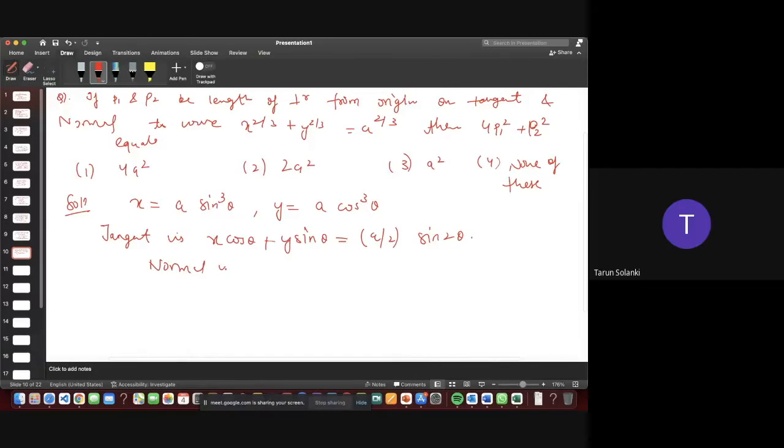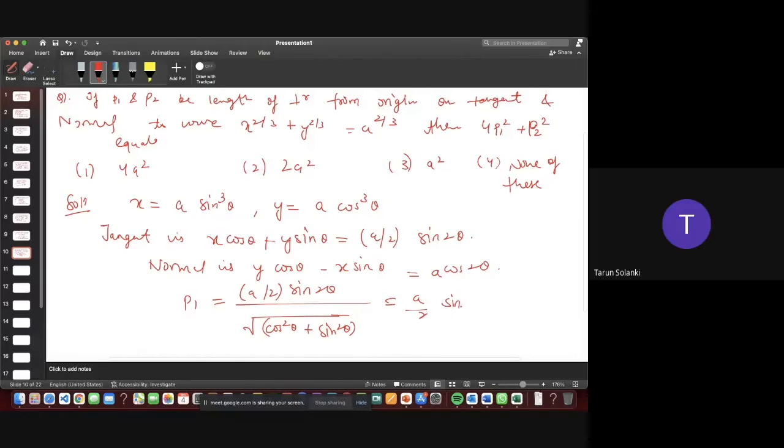The normal is y cos theta minus x sine theta equals a cos 2 theta. So P1 equals a by 2 sine 2 theta divided by the square root of cos square theta plus sine square theta, which equals a by 2 of sine 2 theta, right?